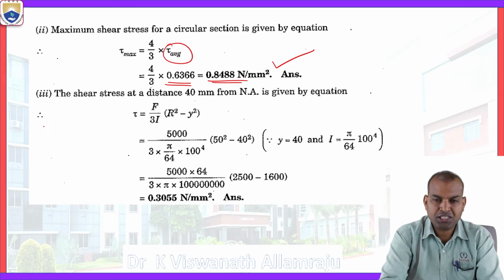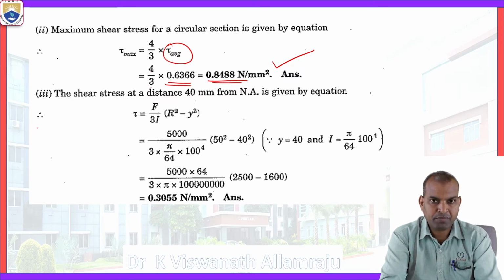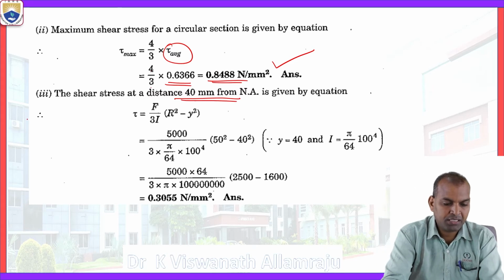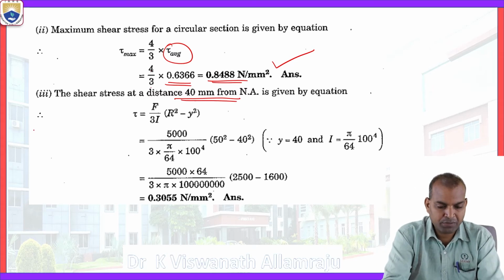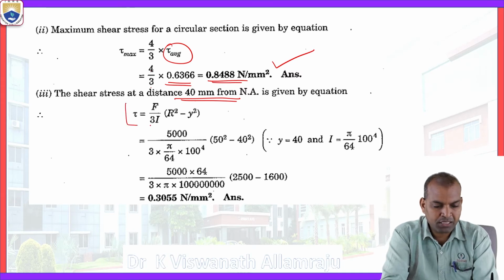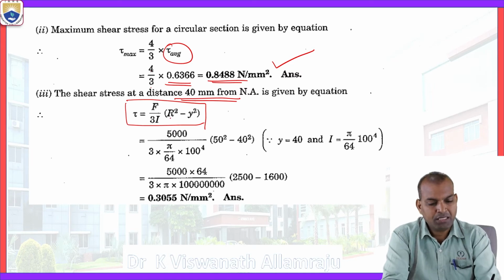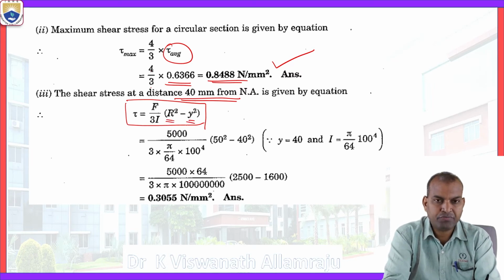What is the shear stress at a distance of 40 millimeters from the neutral axis? How to find out? You know the relation, that is F by 3I times (r square minus y square). The r value is 50, y value is 40.